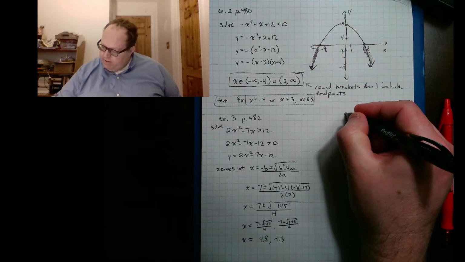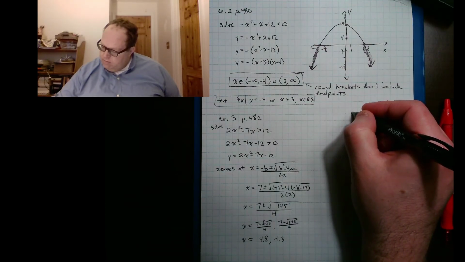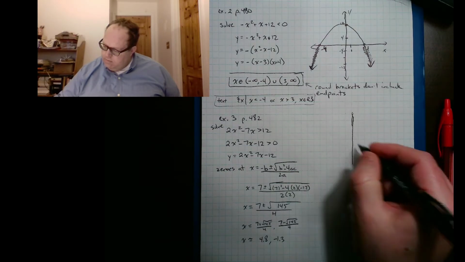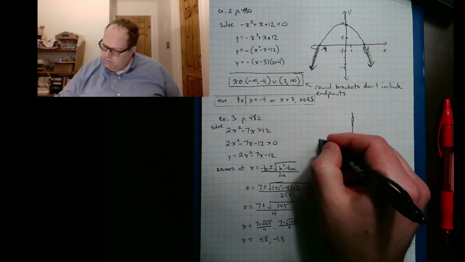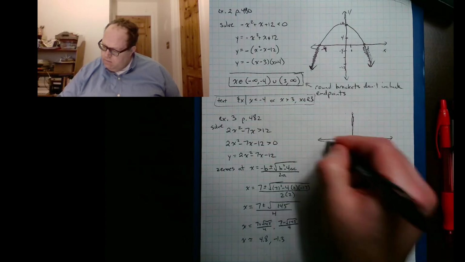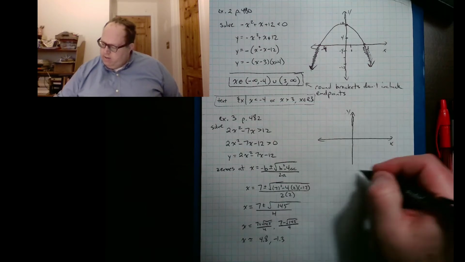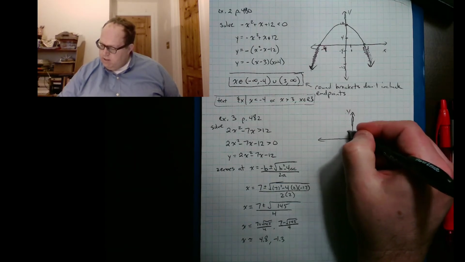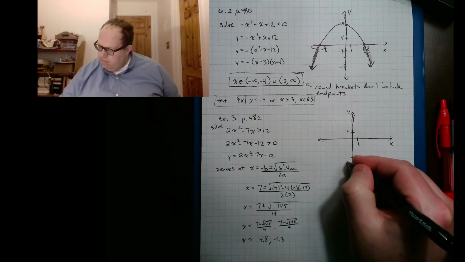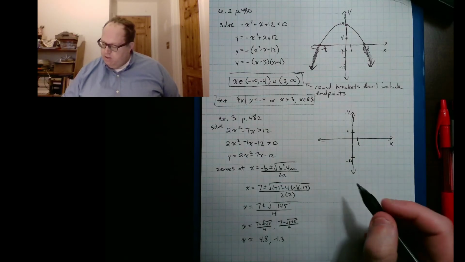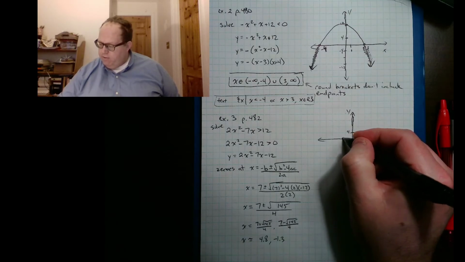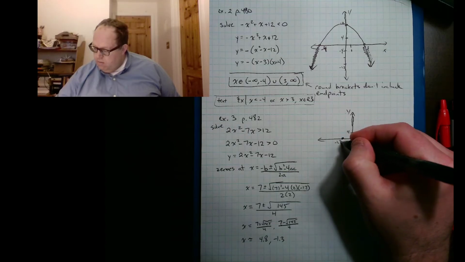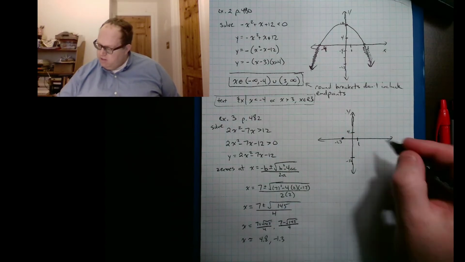So then I can make a quick graph of this. X and Y, and I'll do the same thing and go up by 1s in the X and up by 4s in the Y. So my roots are at approximately negative 1.3 and positive 4.8.